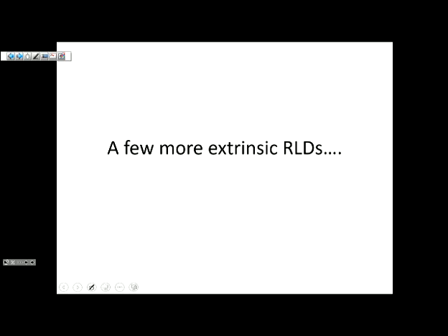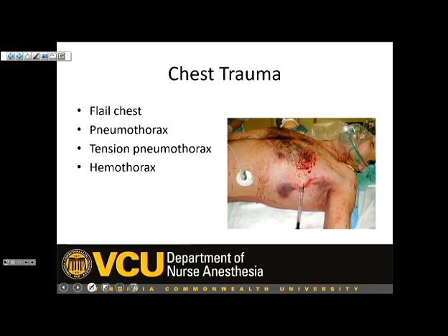All right. We talked about the anesthetic care plan. We're going to move on a little bit to a few other, again, extrinsic diseases. These kind of go in their own category. These become sort of their own entity. Is the biggest issue for these patients necessarily that restrictive lung disease component? These are often the flail chest, the traumatic pneumothorax. Certainly tension pneumothorax has particular interventions that we need to know about and to implement very quickly in order to save the person's life.